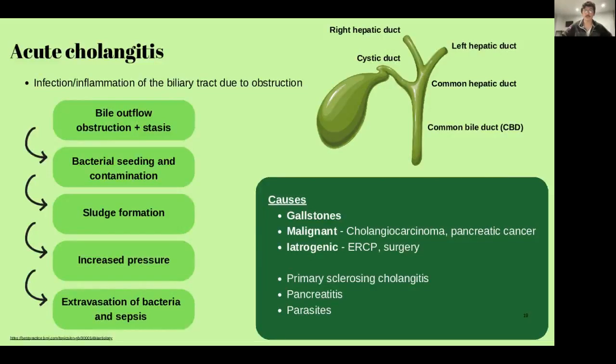Other slightly less common causes: primary sclerosing cholangitis, PSC, can cause stricturing, fibrosis, scarring, which can narrow the duct, again leading to obstruction. Sometimes pancreatitis as well, and rarely parasites. But I'd say gallstones and malignancy are probably the most likely ones.